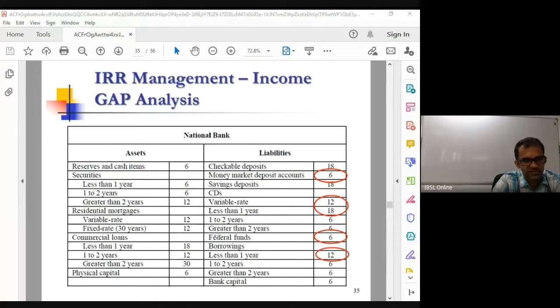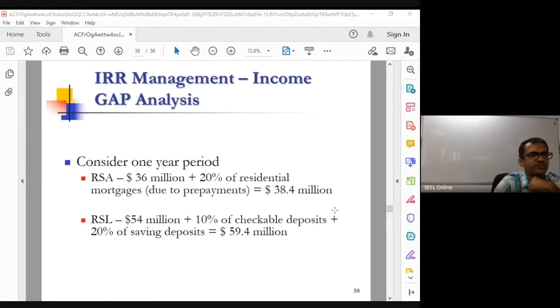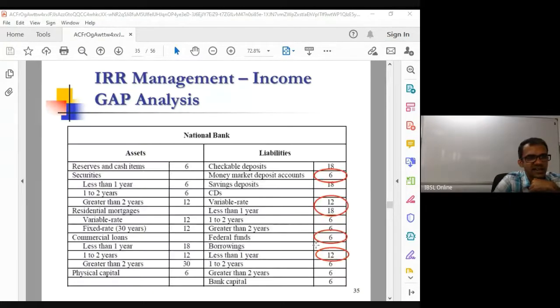Federal funds, this is a liability that you have borrowed from other banks, less than 1 year. Other borrowings less than 1 year, 12 million. So altogether 18, 36, 48, 54. So 54 million liabilities which are maturing less than 1 year.